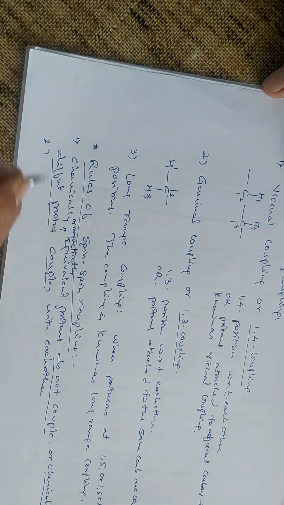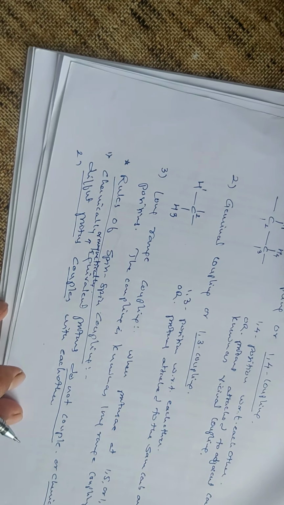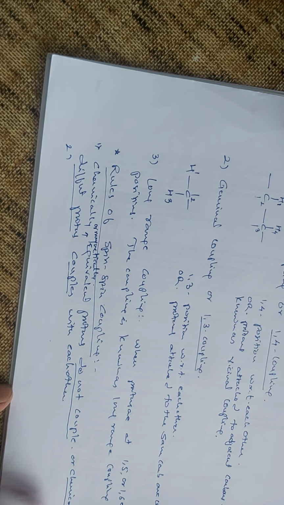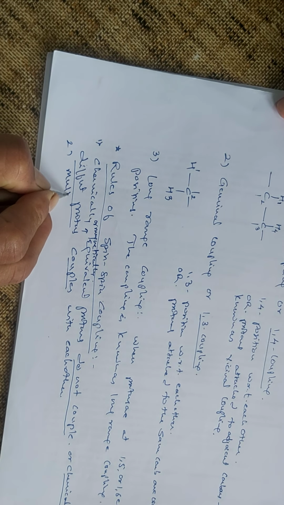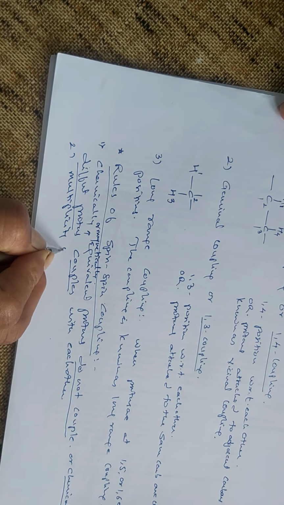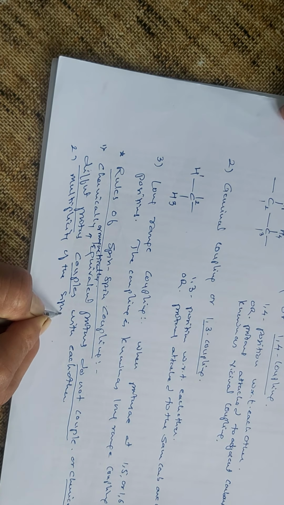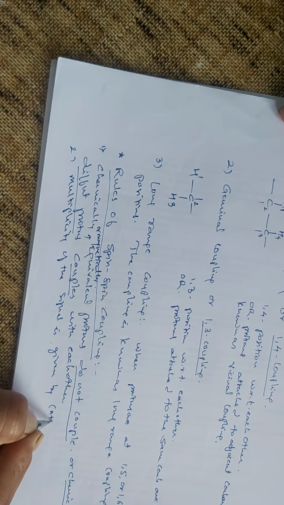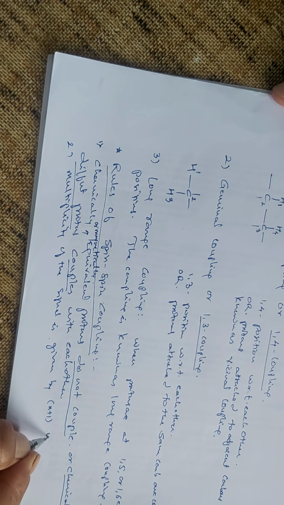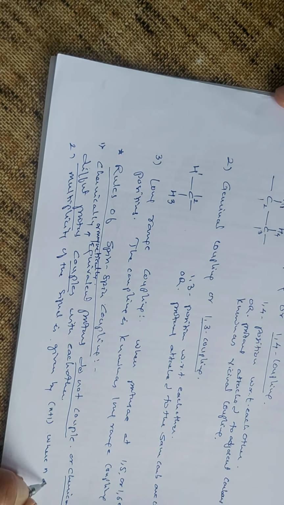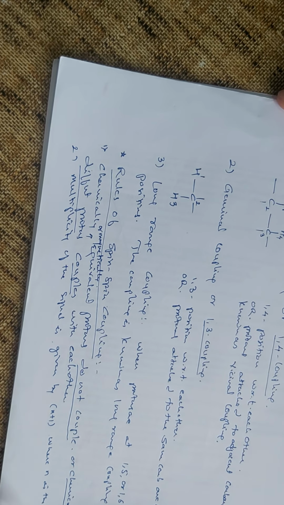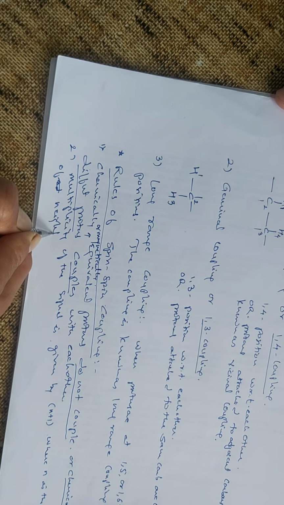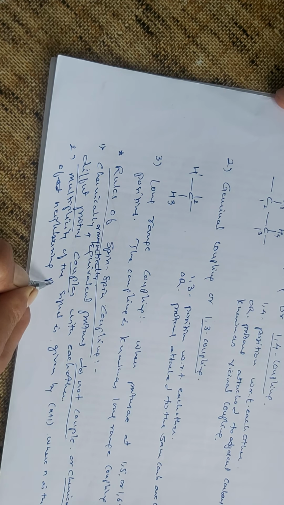The second aspect is the multiplicity of the signal. The multiplicity of the signal is given by n plus 1, where n is the total number of neighboring or adjacent protons.